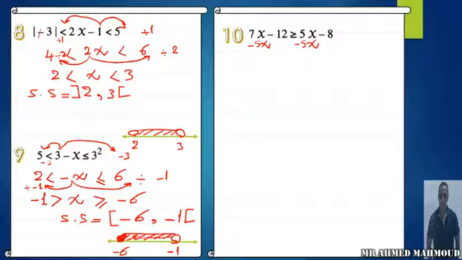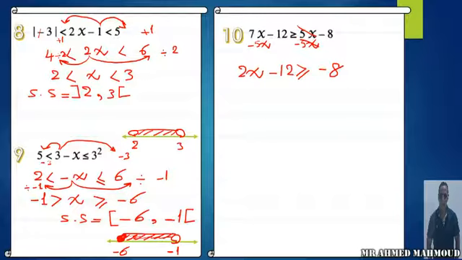Again, to cancel 5x from here, I will make the inverse operation. 5 will be minus 5, and 5 minus 5 equals 0. And here 7x minus 5x equals 2x, minus 12 greater than or equal to negative 8.